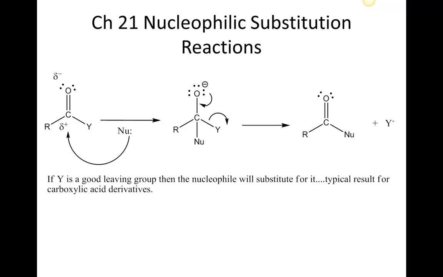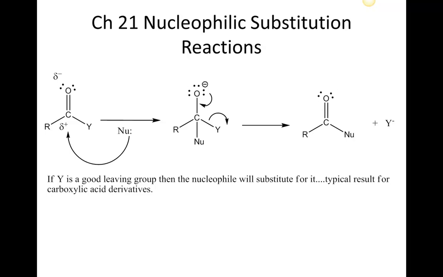So once you learn about the carboxylic acid derivatives, not carboxylic acids themselves, they don't do this, but the derivatives can do this kind of reaction. So the nucleophile, again, is attracted to the positive character of the carbonyl, and these guys actually don't need any catalysis because the nature of the Y groups makes this carbonyl have a lot more positive character than it did in the aldehydes and ketones.